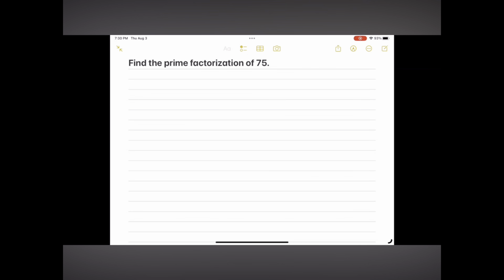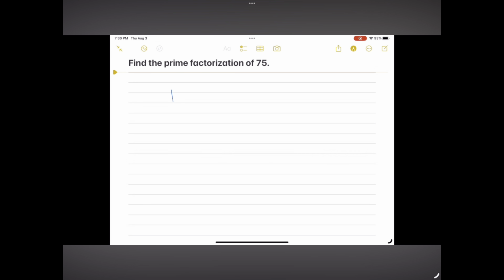Find the prime factorization of 75. We draw that upside down division sign, and we note that 7 plus 5 equals 12, which is divisible by 3, which means that 75 is divisible by 3. 3 goes into 7 two times, and 3 times 2 equals 6, and 7 minus 6 equals 1.